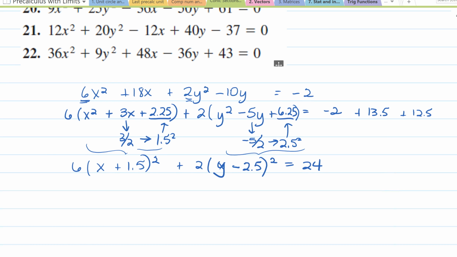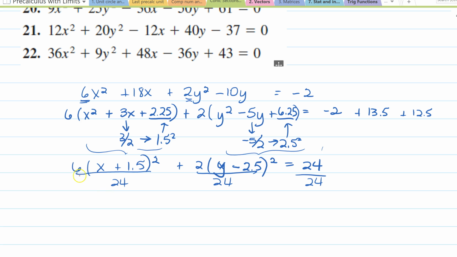Now here's the deal. This is 24 and it's supposed to equal 1. So I'm going to divide everything by 24. Every term gets divided by 24. Because my goal is twofold. I need to make this constant 1, and I also need to get rid of those coefficients. Those numerators need to just be the binomials by themselves.